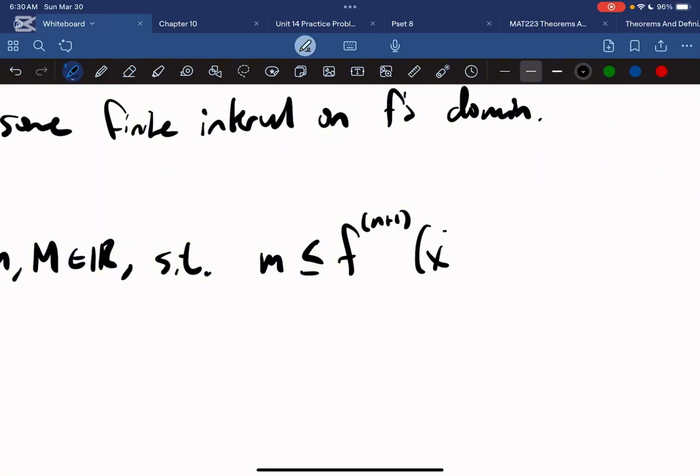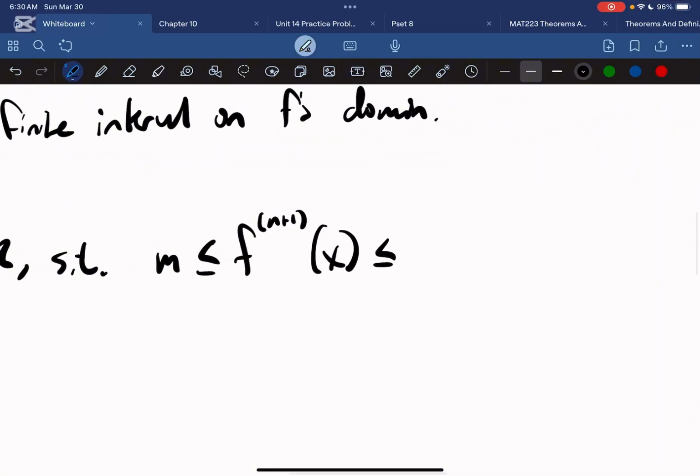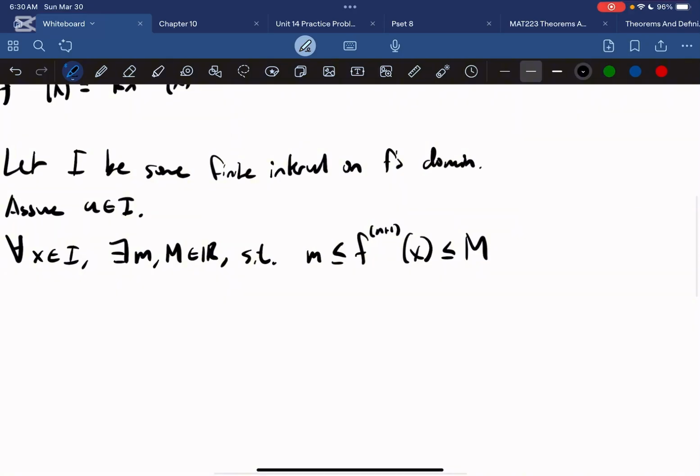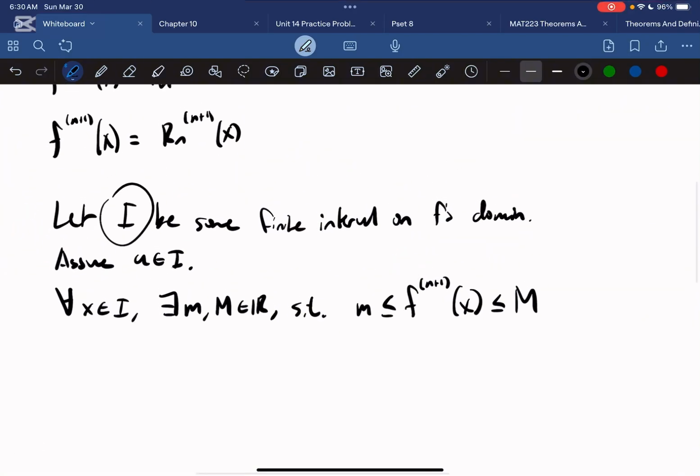x is sandwiched in between, right? This should make sense, right? Because there's a min and max on I, meaning for any x in I, we have this, right? It has to be, there's bounds.